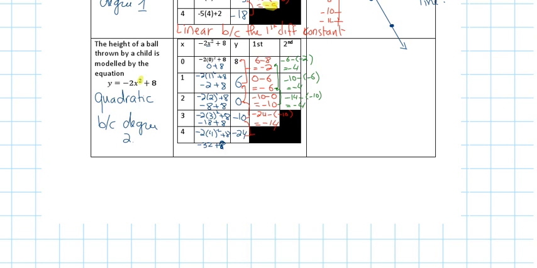So now what do you notice about the second difference? They're all the same, right? Negative 4, negative 4, negative 4. So in this case, my second difference is constant, and that's an indication of a quadratic function.